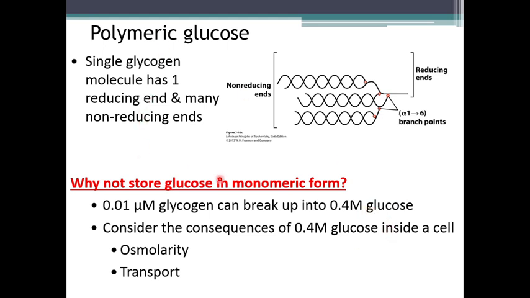So this is a classic example of how polysaccharides play a role in our body.